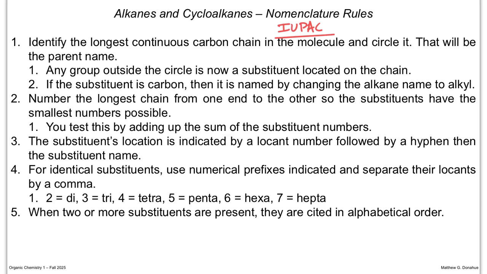The numbering can get a little ambiguous, so we'll go through an example or two of what's the right way, what's the wrong way. But the main thing after finding the parent is the substituents are listed in alphabetical order. So they're not listed according to the number they're located. It's alphabetical order. And then if there's two of the same thing, we'll get into that nuance as well with other prefixes.